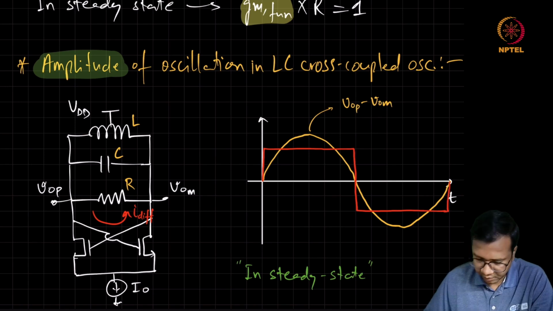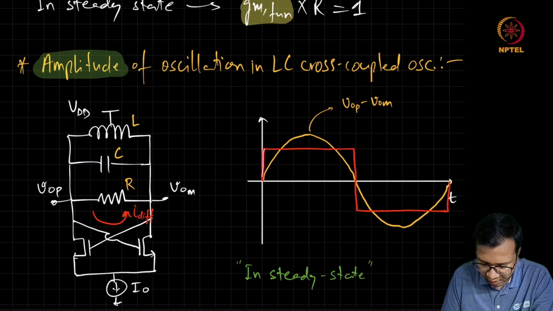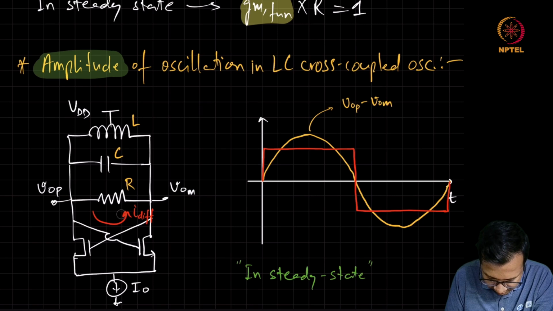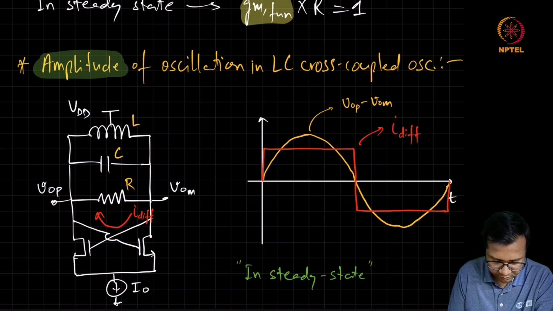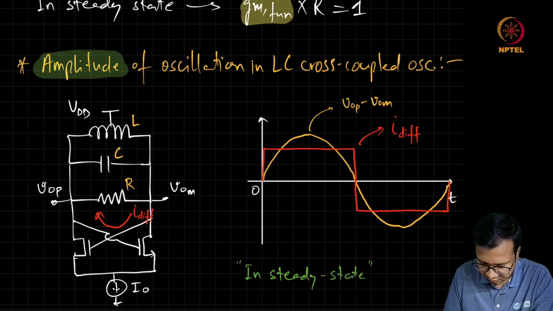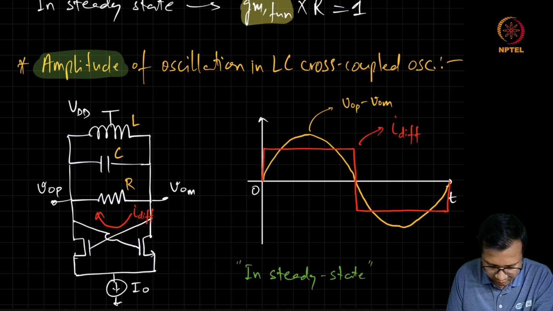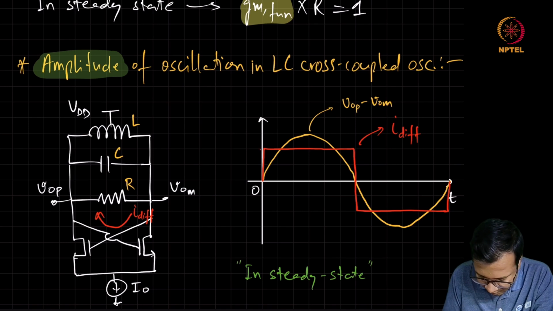So the current first increases with the increase in differential voltage, then the current polarity is reversed. This is going to be your differential current. Let's call this maximum value I peak.